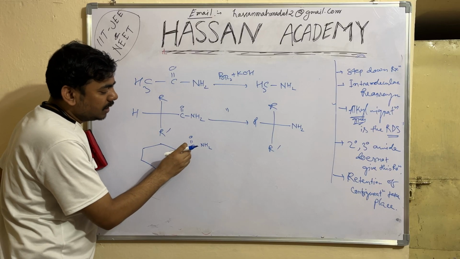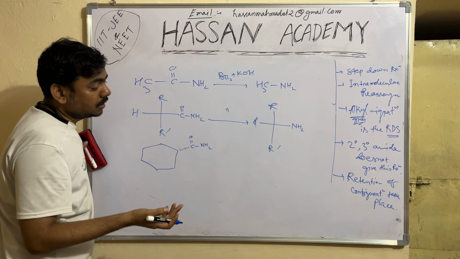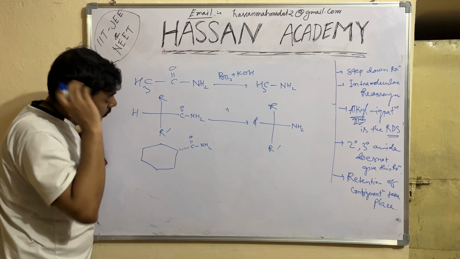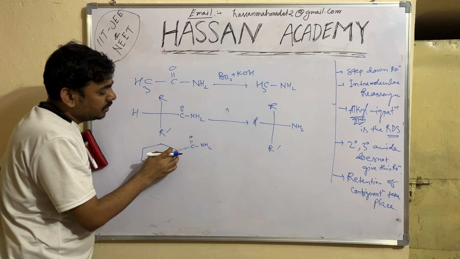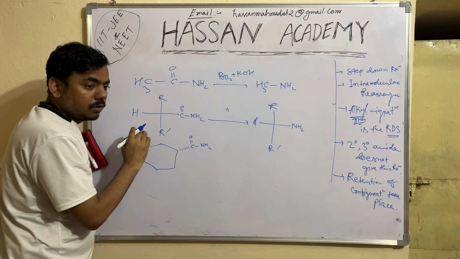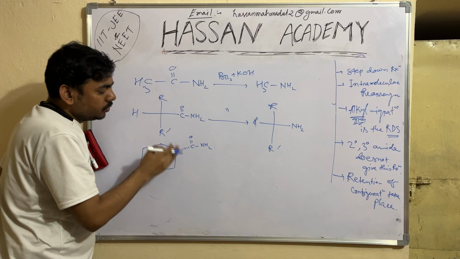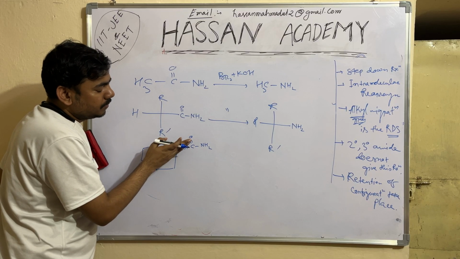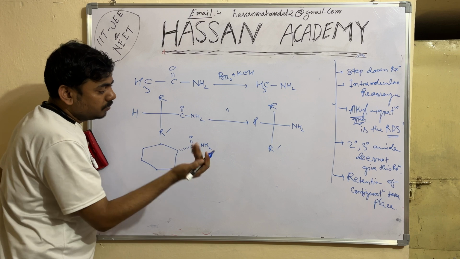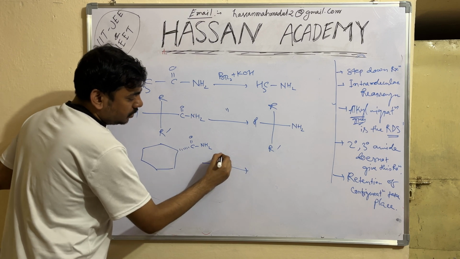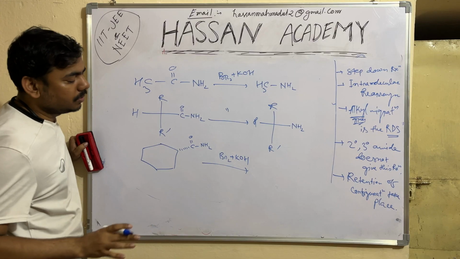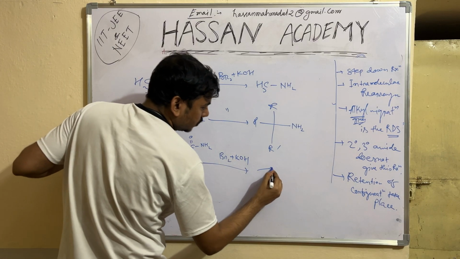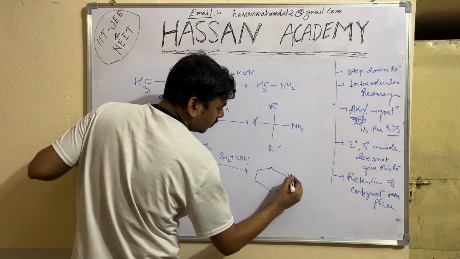Out of that, one will be above, one will be below, and they may write both A and B. So if you are not sure, you will get confused that maybe a carbocation is produced somewhere, if you don't know the mechanism, and due to that carbocation some are above the plane, some are below the plane, both can happen. So it is very important that you know that this particular reaction is going to retain its configuration. So what will be the product?